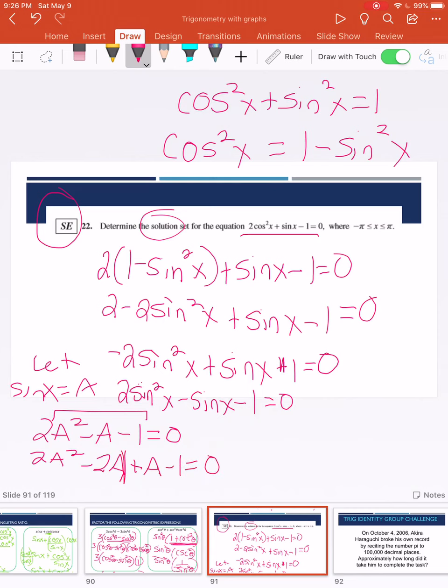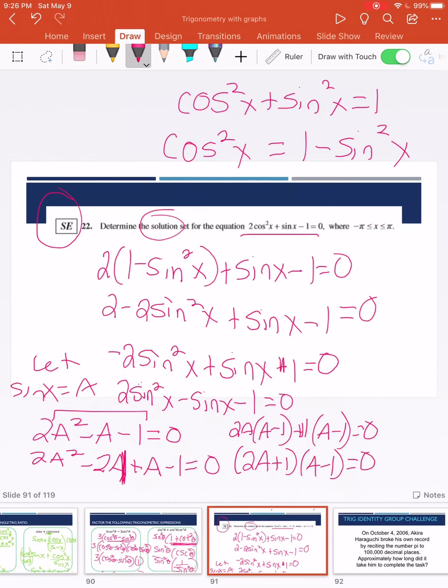Okay, I can factor each half here. So on the left-hand side, I can take out a 2a, which would leave me with a minus 1. On the right, I can't take anything out, so I'll just remove a positive 1, which leaves me with a minus 1. And my expression is 2a plus 1, a minus 1 equals 0.